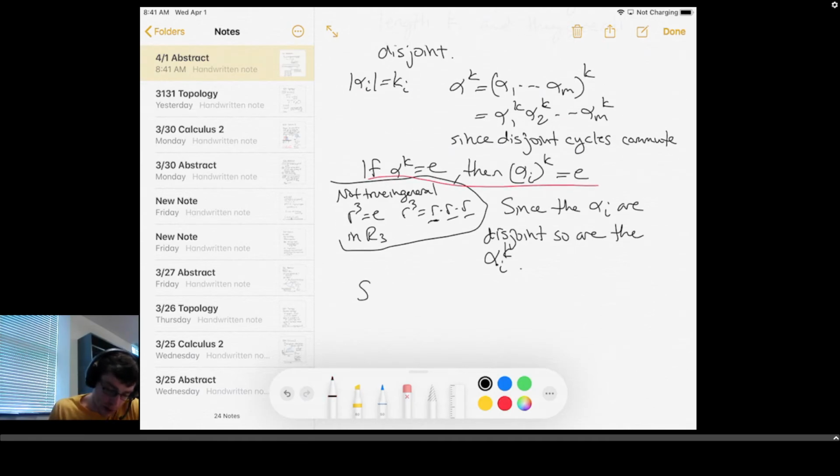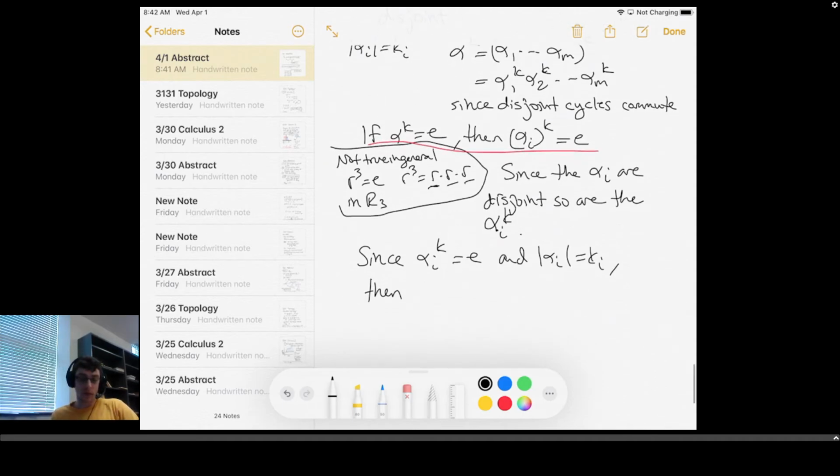Since alpha_i to the k equals e, what do we know? Because remember, we're given the order of alpha_i. So what must be true here? What can we conclude? So the kth power gives us the identity, and the order is k_i. What must be true?